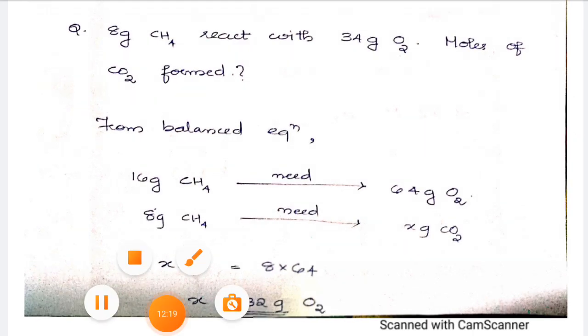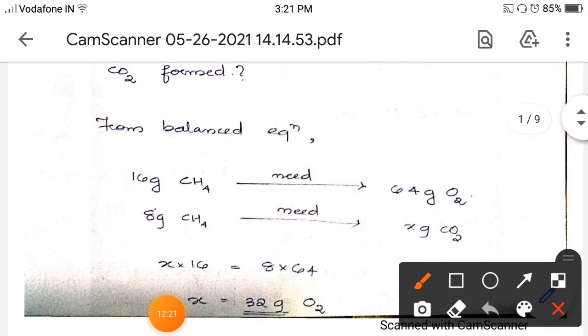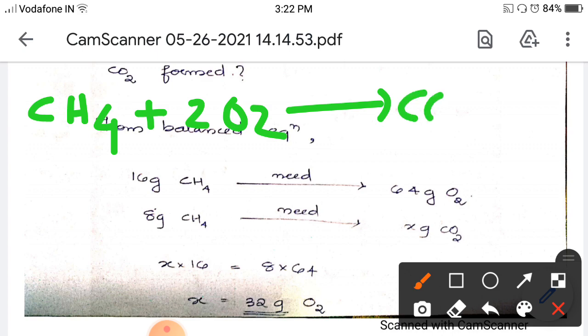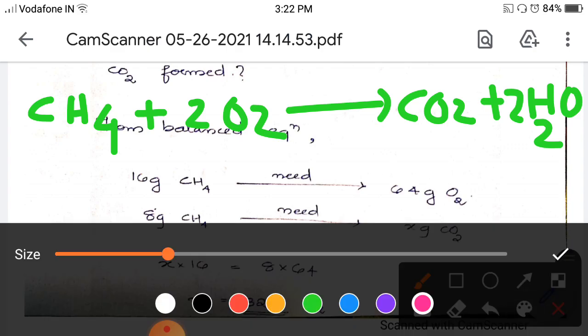For that, from the balanced chemical equation, that is CH4 plus 2O2 gives CO2 plus 2H2O. So 1 mole CH4 is needed for 2 moles of oxygen. 1 mole CH4 means how many gram?